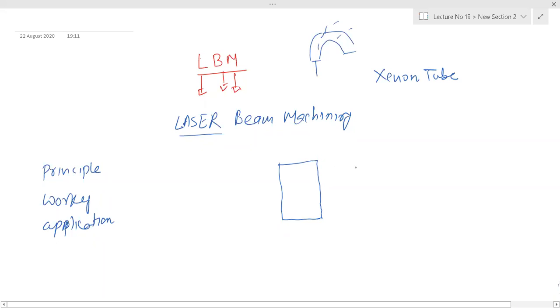So that is the xenon tube. It is basically a tube. It is placed around the ruby crystal.